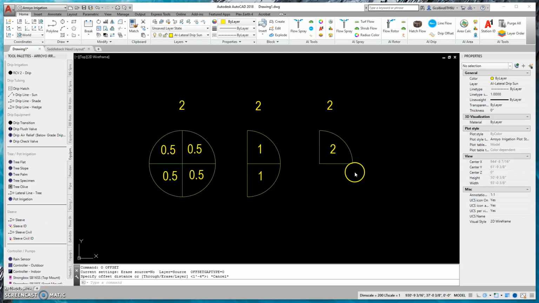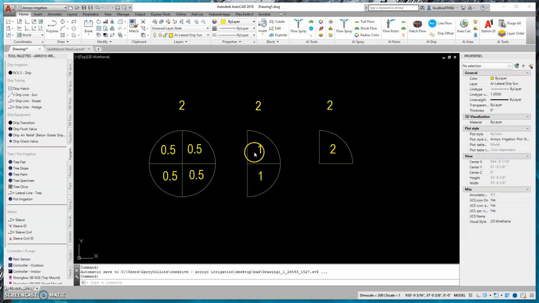Now I had another question of how quarters have so much higher a precip rate than full heads if the nozzles are the same. So let's say in this instance, this is 2 GPM for each nozzle. Quarter is 2 GPM, half is 2 GPM, full is 2 GPM. The quarter is our smallest area, so the full 2 GPM goes within that quarter area.